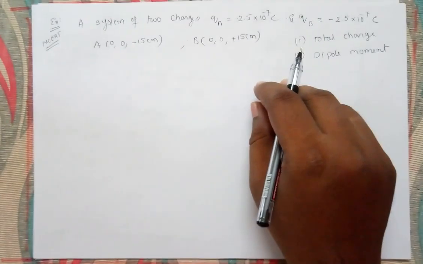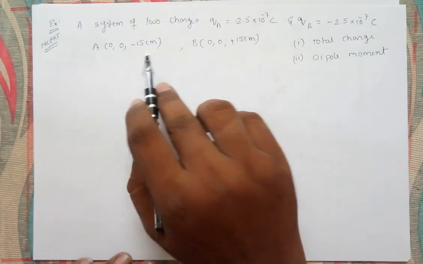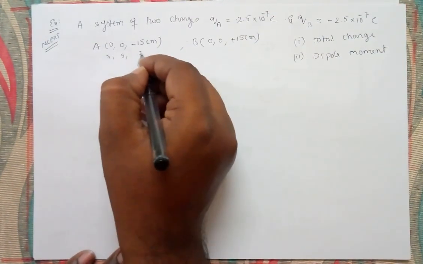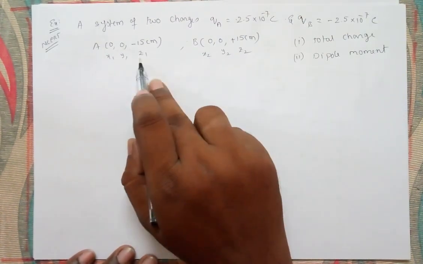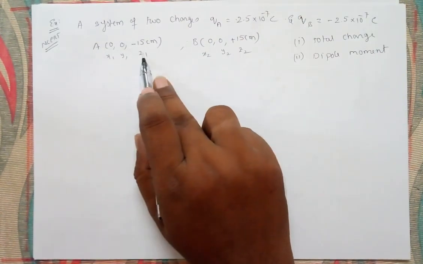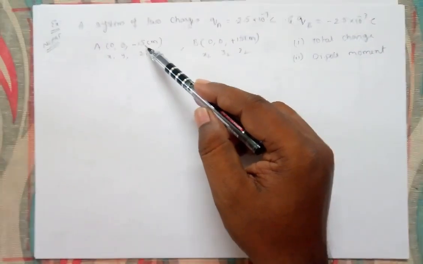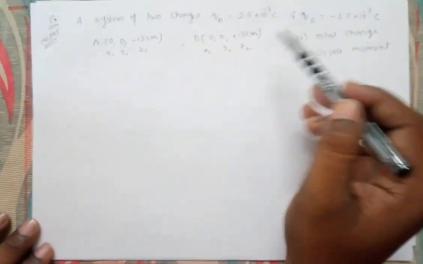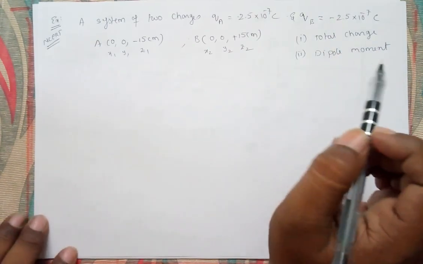You observe here the two charges are located along the z-axis. Along the negative z-axis, 15 centimeters from the origin, the first charge is located, and along the positive z-axis, 15 centimeters from the origin, the second charge is located.